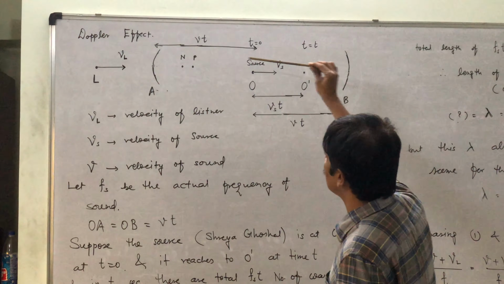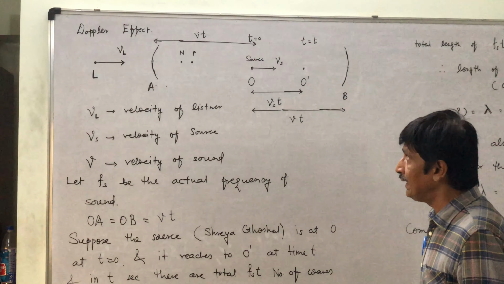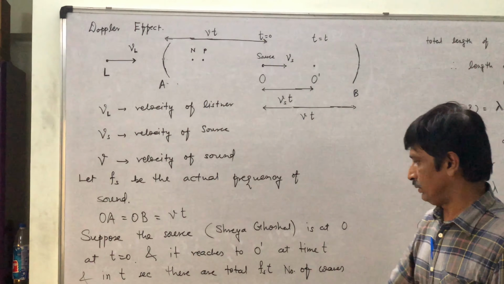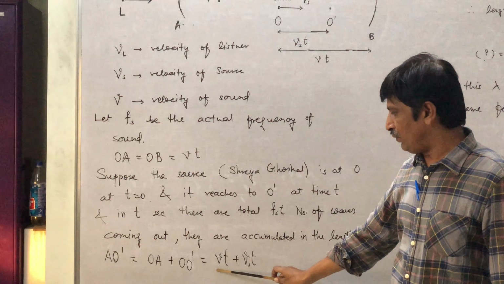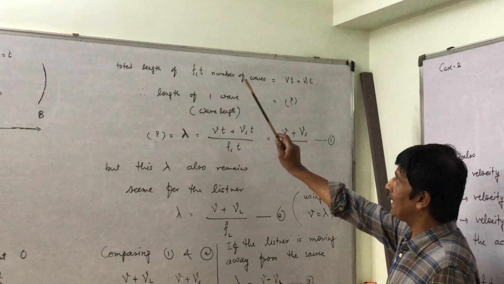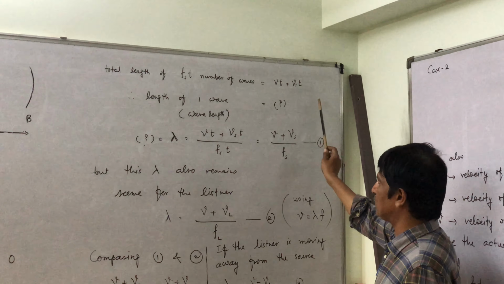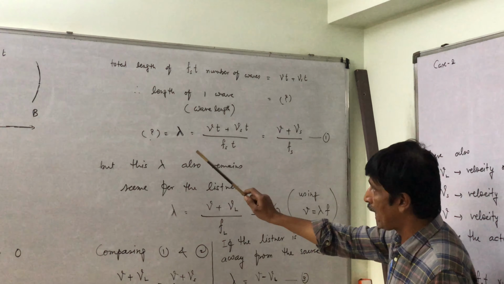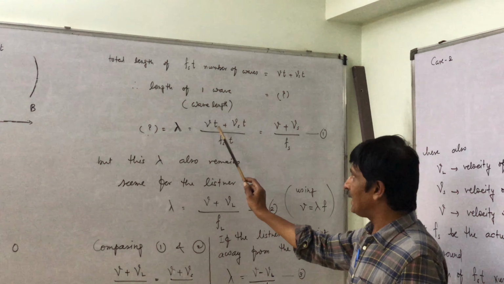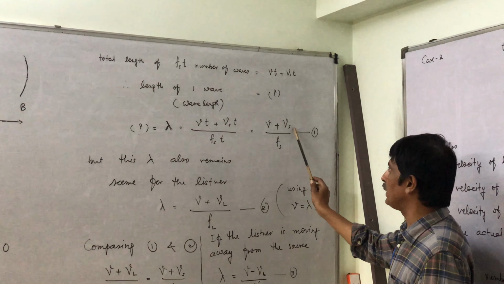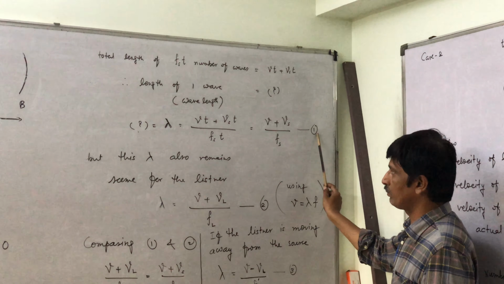So the total length of fst number of waves is vt plus vst. So what is the length of one wave? This is lambda. So lambda is (vt plus vst) upon fst, that is (v plus vs) by fs, number one.